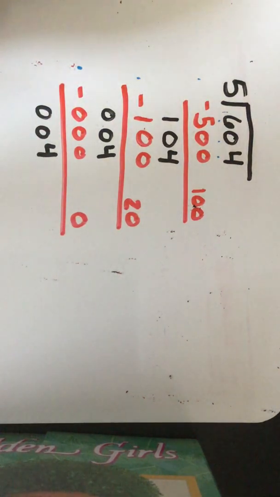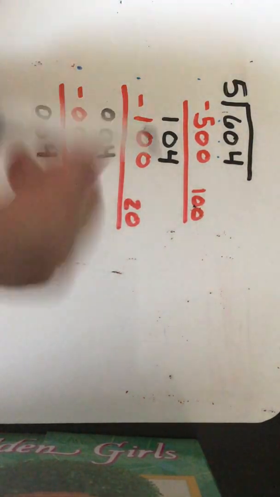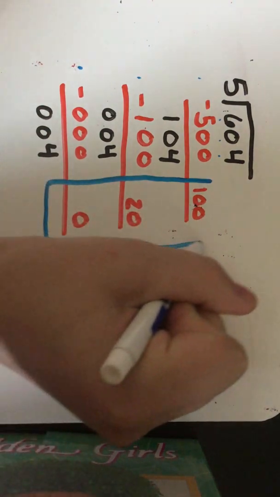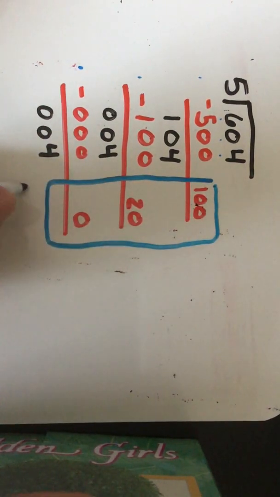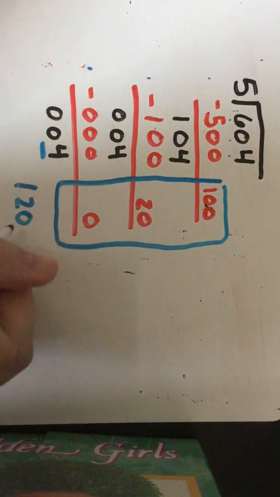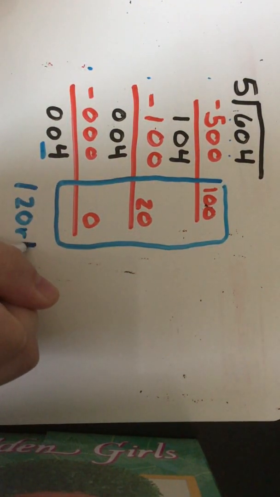Now, just like if there was not a remainder, we're going to add these up, and we get 120. But with a remainder, we've got to remember, if this is not 0, it goes in and goes remainder 4.